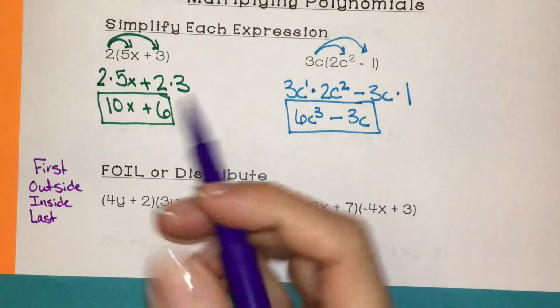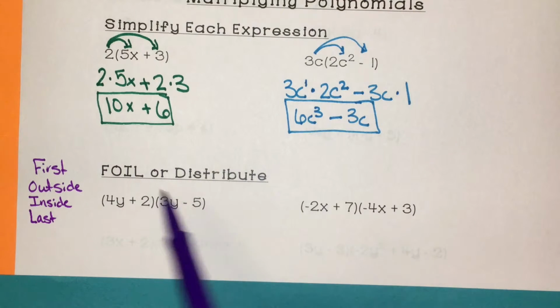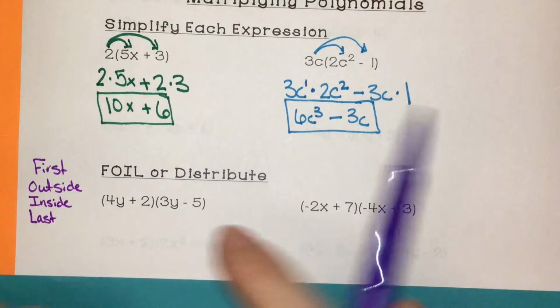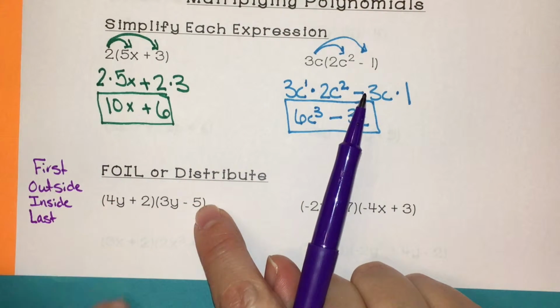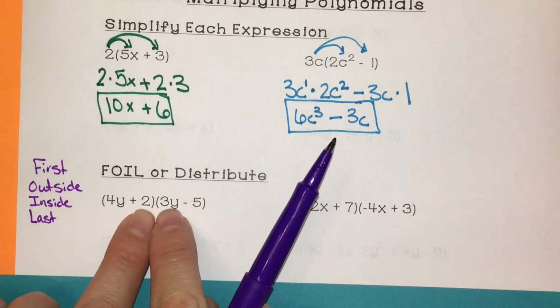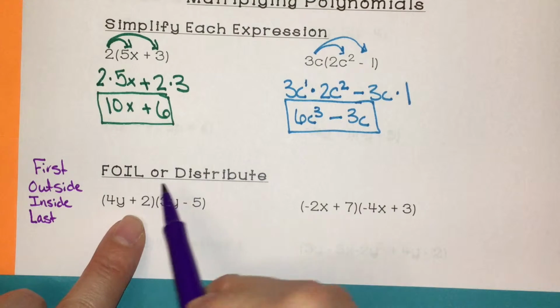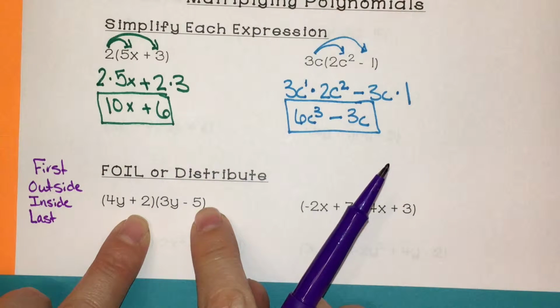So what that means is multiply the first 2 terms in each parenthesis together, then multiply the outside terms, so we'd have the 4y times the 5, so the 2 on the outside, then the 2 on the inside, and then multiply the last term in each parenthesis together.